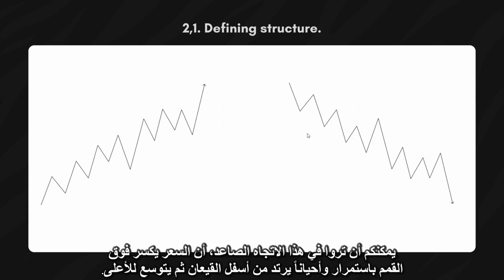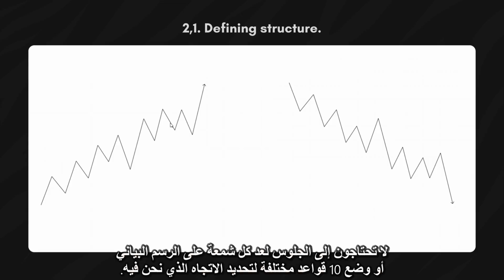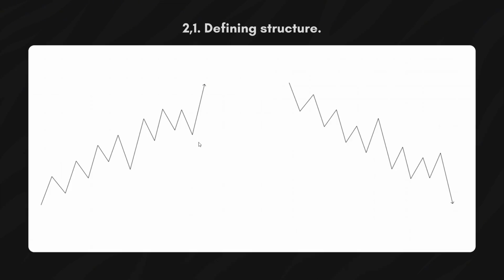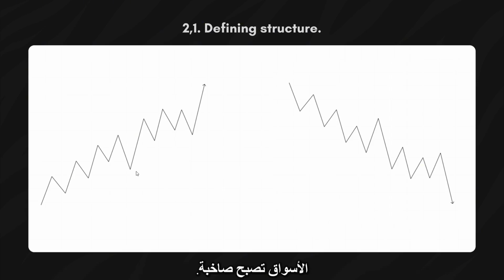You can see within this uptrend, you have price breaking above highs consistently and sometimes rejecting below lows and then expanding higher. That's it. There's no need to complicate this even more. You don't need to sit around counting every candle on the chart or come up with 10 different rules to decide what trend we are in. This is the cleanest and the most efficient way to define structure, and it actually holds up when the markets get noisy.